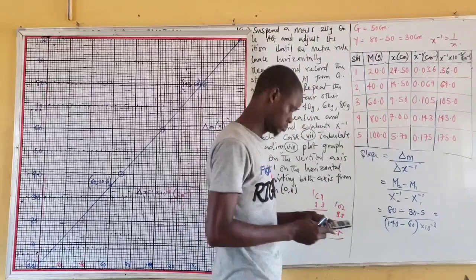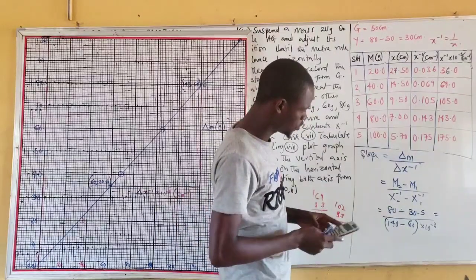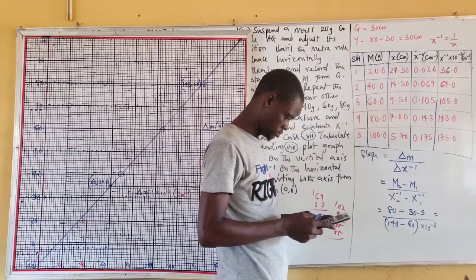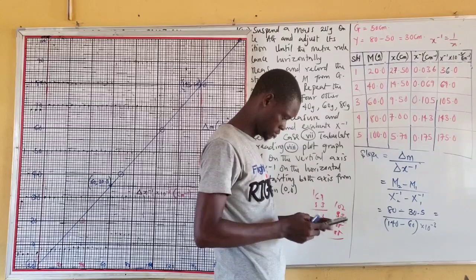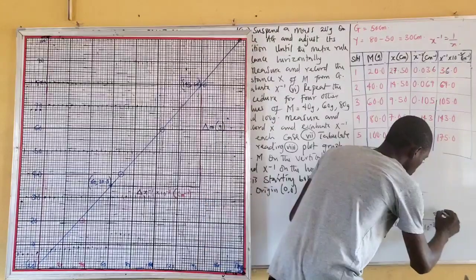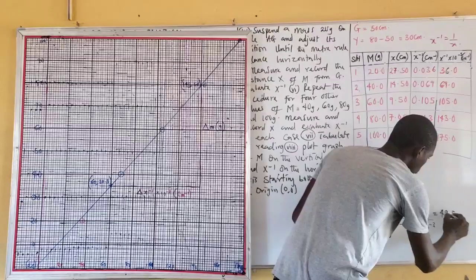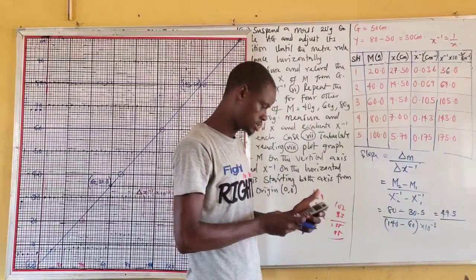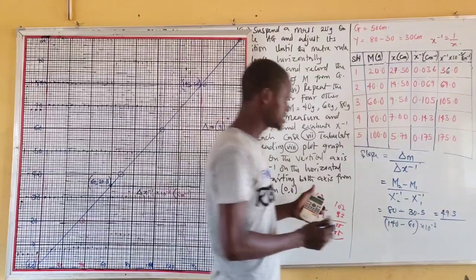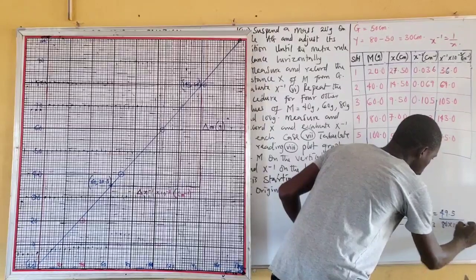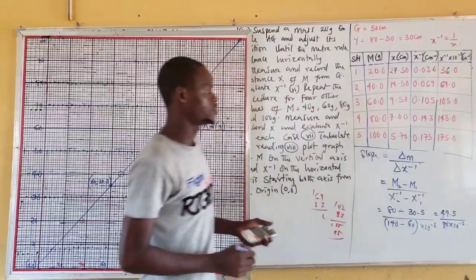I think 40.5. No, sorry, 49.5 all over 140 minus 60, that is 80 times 10 raised to the power minus 3. That's what I'll be having.